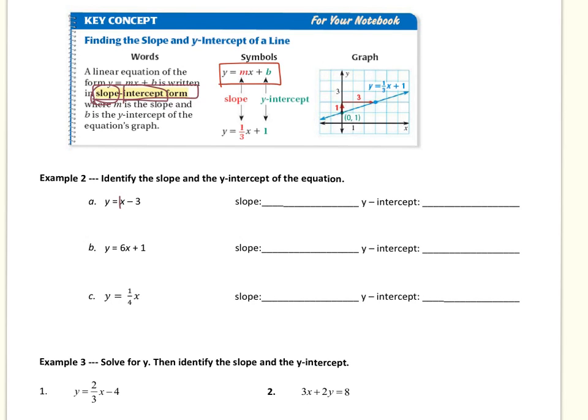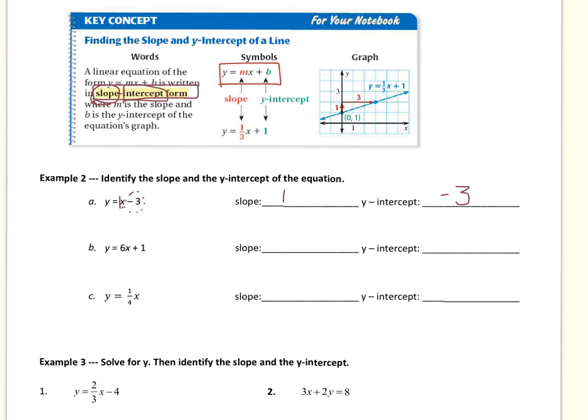So my slope, y is already by itself, so I can simply identify the number in front of x, which is 1. And then my y-intercept, super important that you bring that negative along, that's in front of the 3. So your y-intercept is -3.